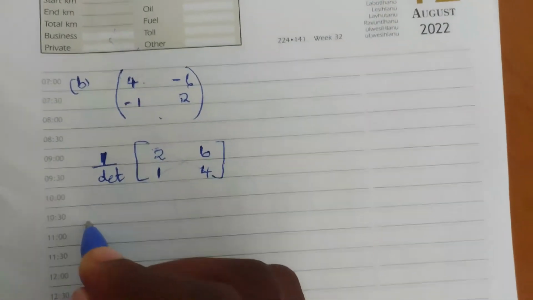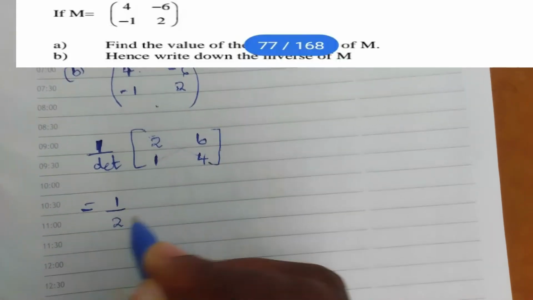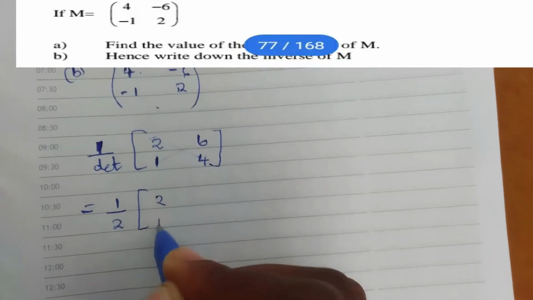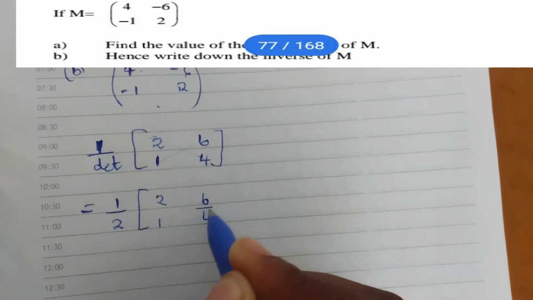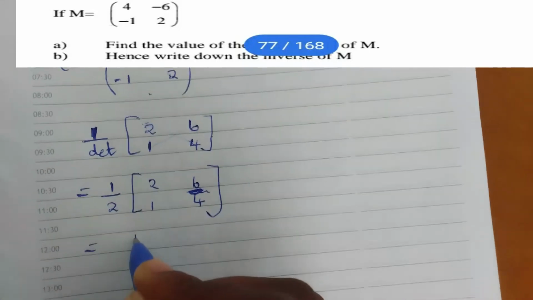Since we had already obtained our determinant is 2, we will just continue to simplify.